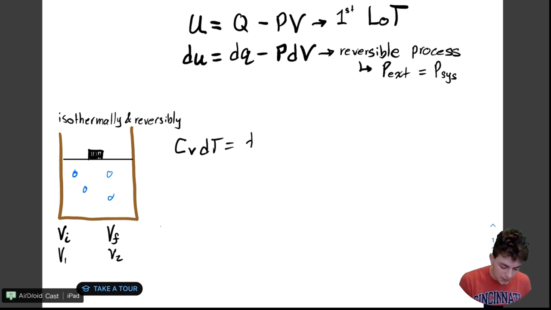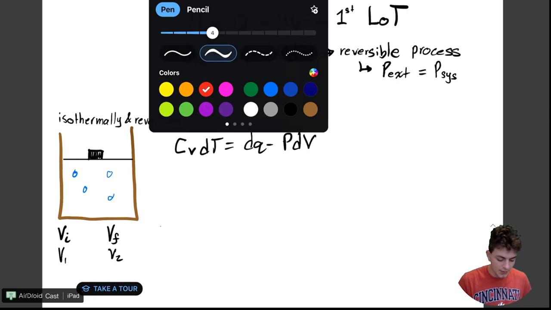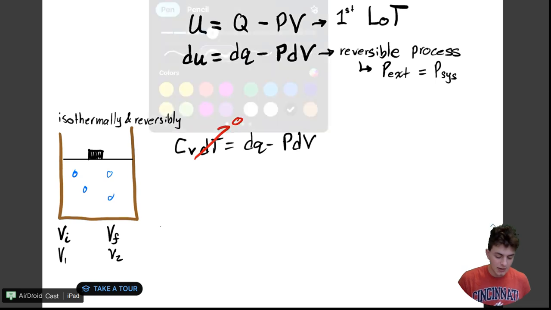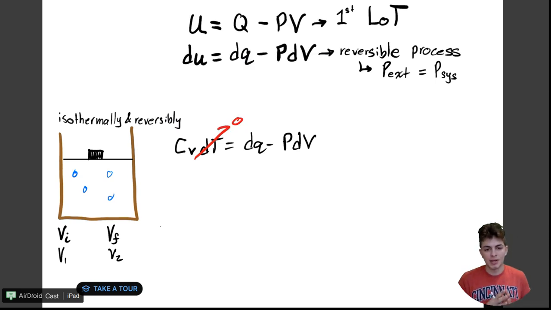And that's going to, again, be equal to our differential of heat added minus our work done by the system term there. Now, we've defined this as an isothermal system, and what that means is that there's going to be no change in temperature, or dT is going to be equal to 0, which will then make this entire left-hand side of our equation here equal to 0.